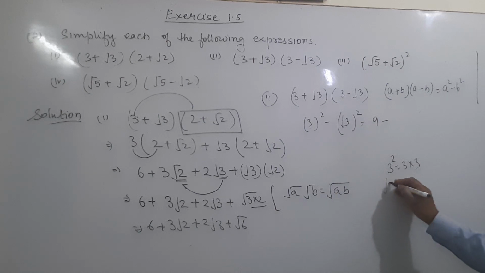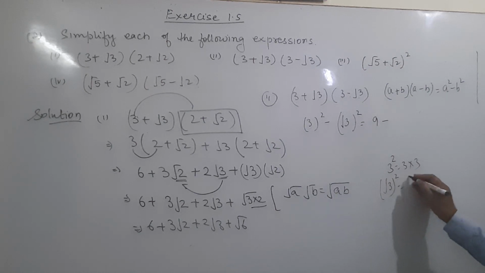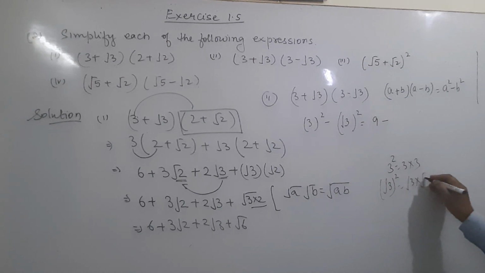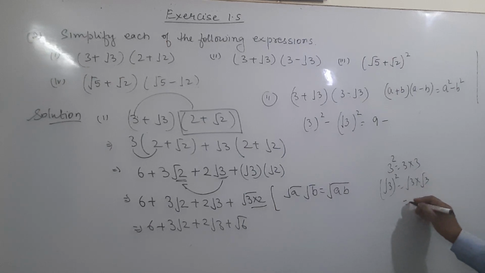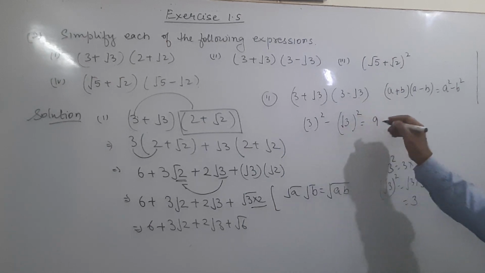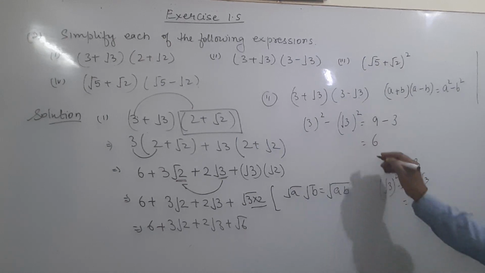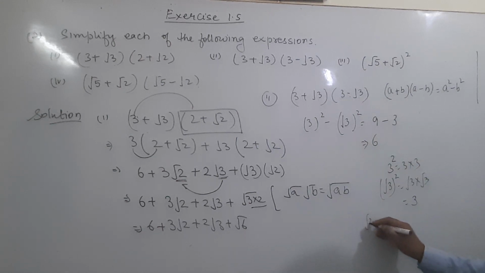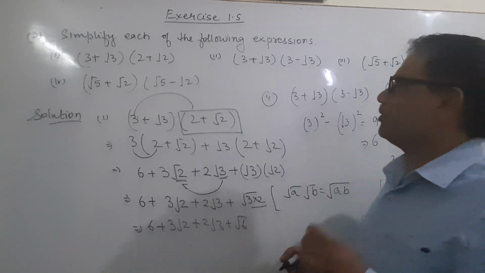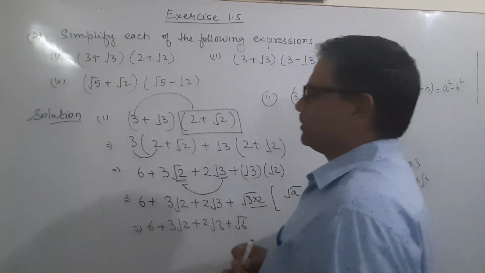Minus root 3 square means root 3 into root 3, and I told you it will make 3. Root 3 square is 3. And this is equal to 6. It means root 2 square, we can do 2. Root 5 square is equal to 5. Is it clear? And now note it down, we move to the third part.